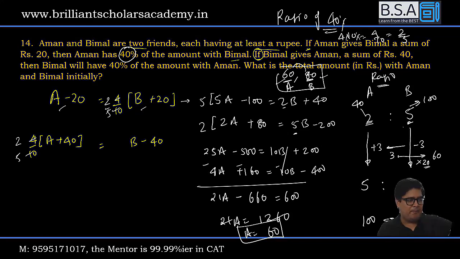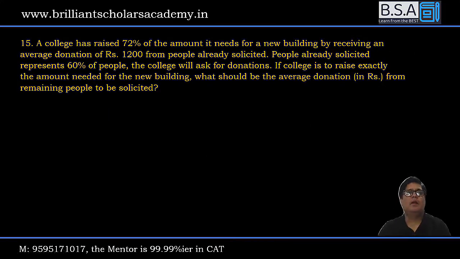Moving on from this, equation is definitely there with you. Try this. A college has raised 72% of the amount it needs for a new building by receiving an average donation of rupees 1200 from people already solicited.